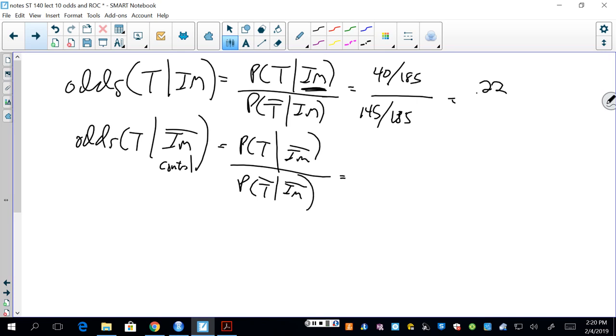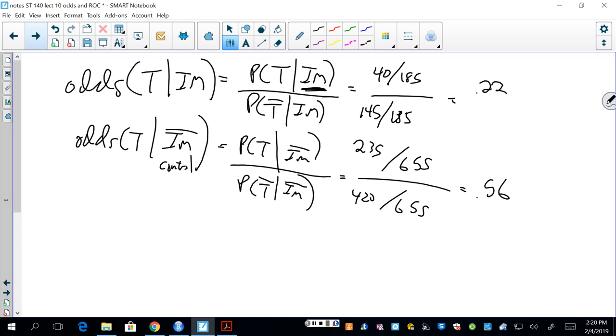So in this group, there were 655 that did not have the infection. 235 of those had tonsillectomies, whereas the 420 didn't. And so that ratio ends up being about 0.56. Quite a bit different than the other one. The odds are much higher for tonsillectomy among the group that did not have the disease.